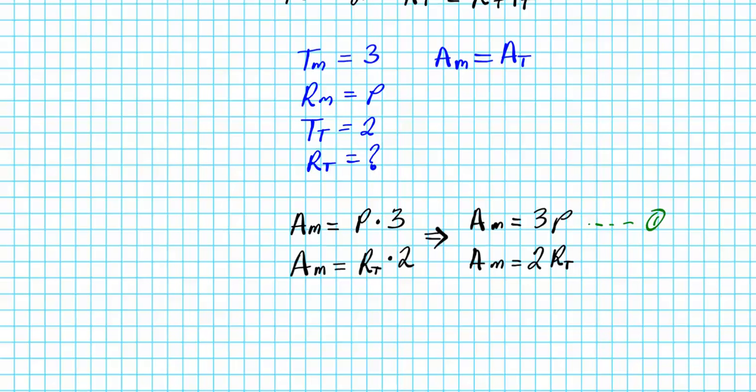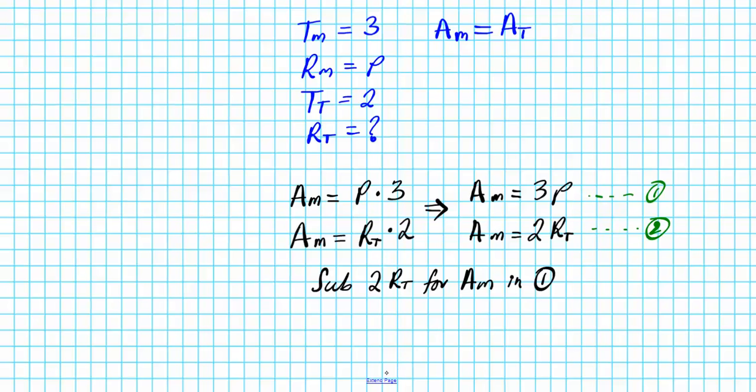Since these equations have been solved explicitly for a variable, we can simply use the method of substitution here. Okay, so we're going to substitute 2RT for AM in equation 1 because AM is equal to AM and AM is equal to 2RT from equation 2, right? So if we carry out that substitution, what do we get?